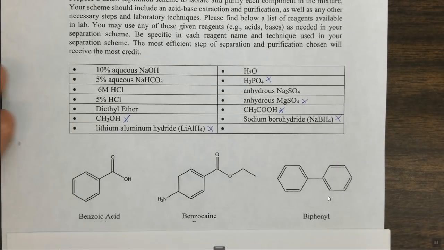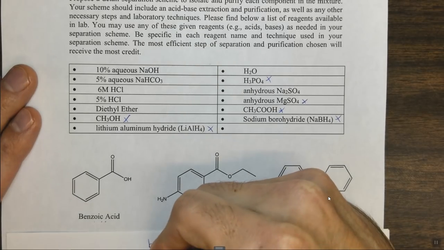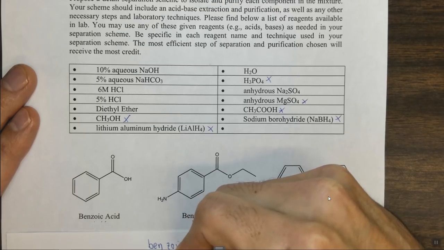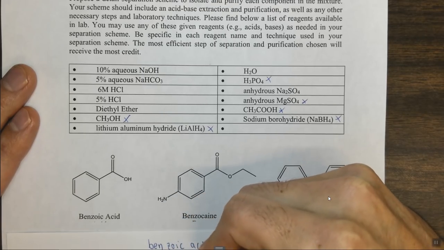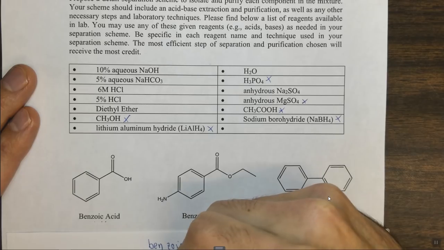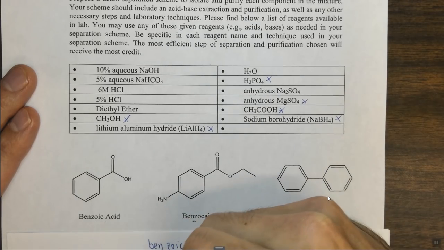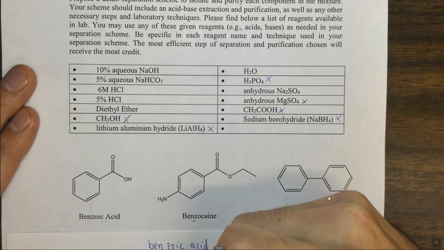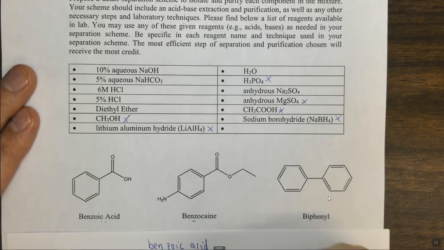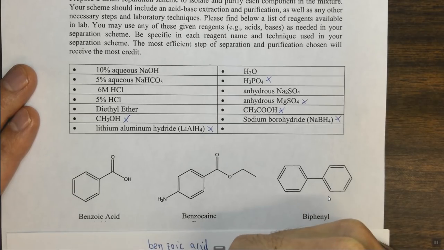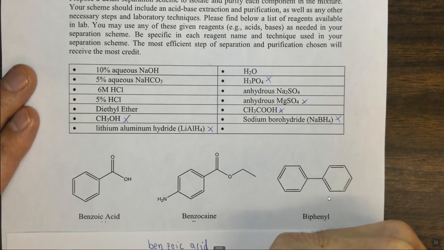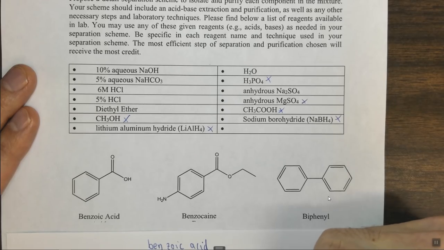All right, so we're going to start with our benzoic acid, our benzocaine, and our biphenyl. What we want to first do is dissolve them in ether and extract.